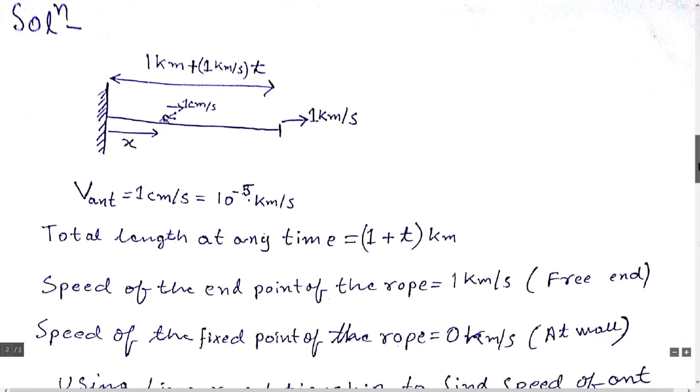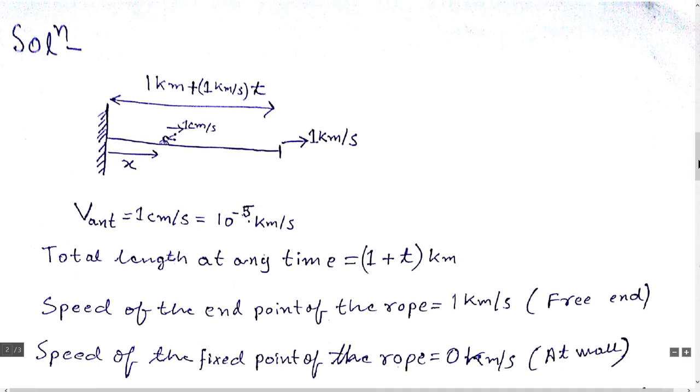So we have two ends of a rope which can be infinitely stretched. The ant is moving towards the free end, and the free end is moving in this direction with 1 kilometer per second.